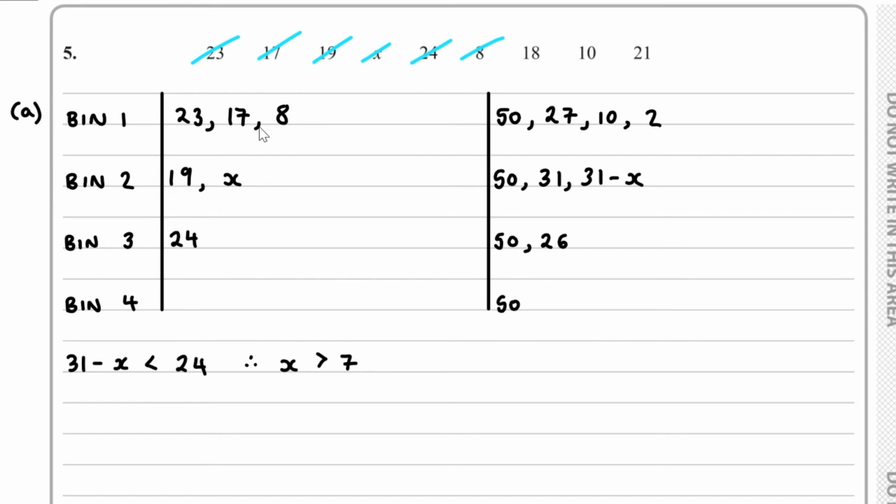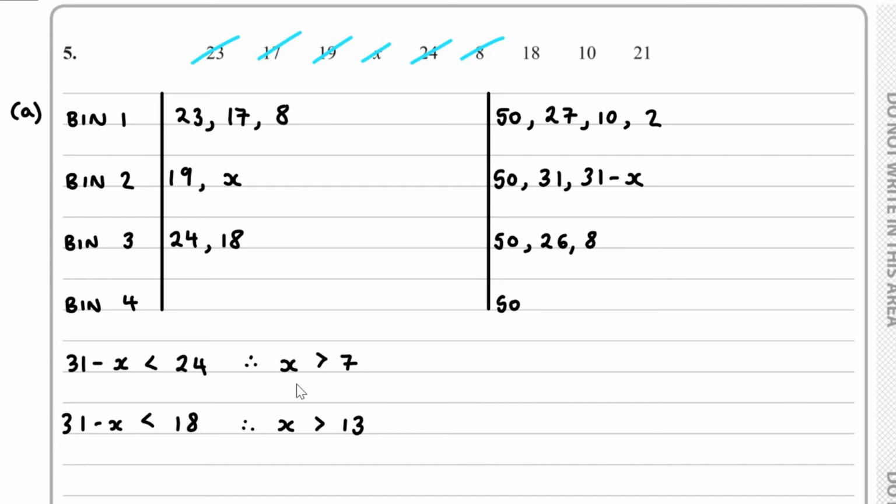So if we place 18 into bin 3, 18 goes here, and there's a space of 8 left over. But because 18 has been placed into bin 3, that tells us that there's not enough space to put 18 into bin 2. So that tells us 31 minus x is less than 18. And therefore, x is greater than 13.